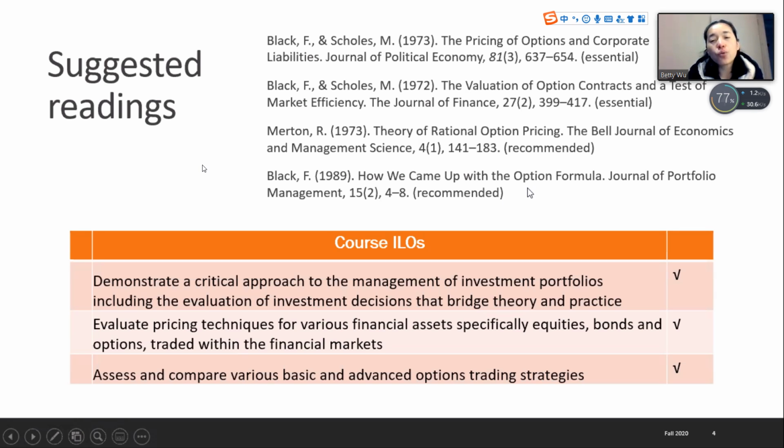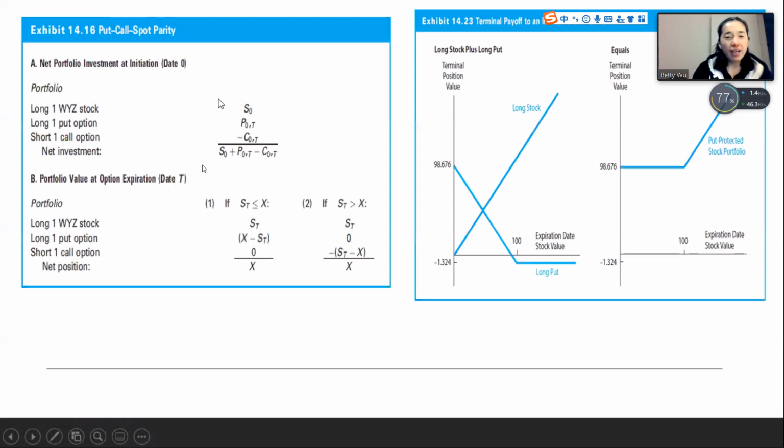It gives you the story behind this model. When they first came up with this model, it was not really well received, although it became super important later on. There's some drama, not really drama, but some story behind it. So I think it would be nice if you can have a look at the story behind it.